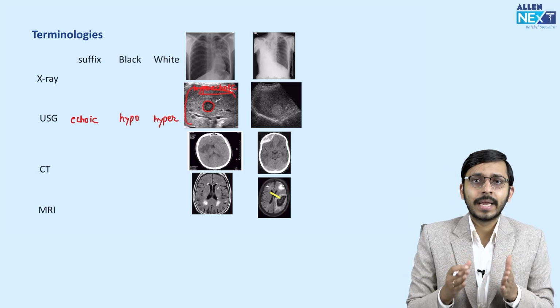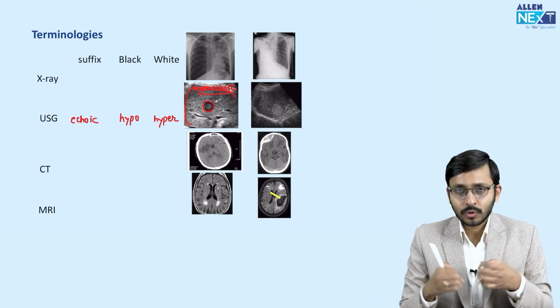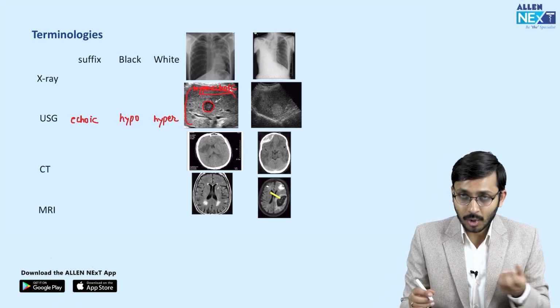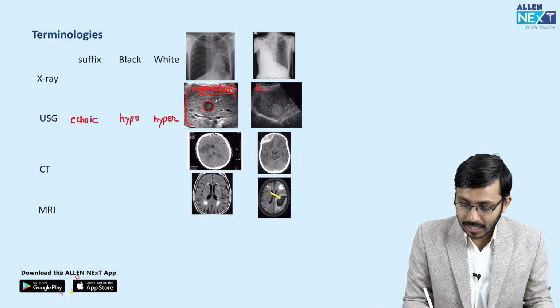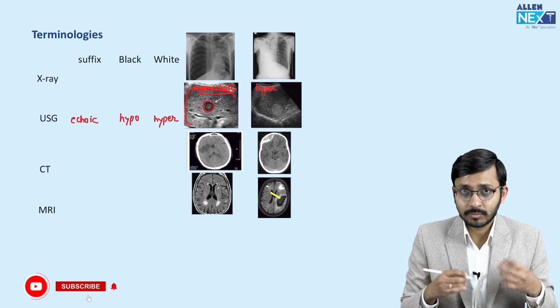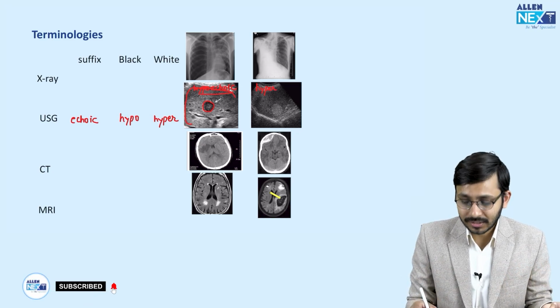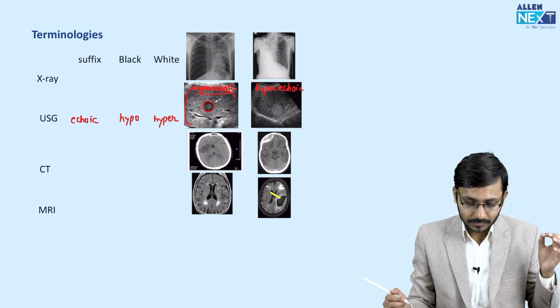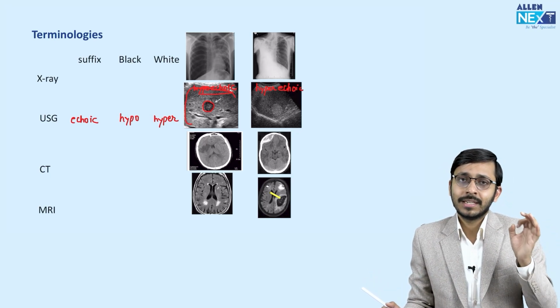Hence we call it a hypoechoic lesion. Any lesion which appears brighter than the surrounding parenchyma on ultrasound, how would we name it? Hyper, because it is bright, and since it's an ultrasound, echoic.